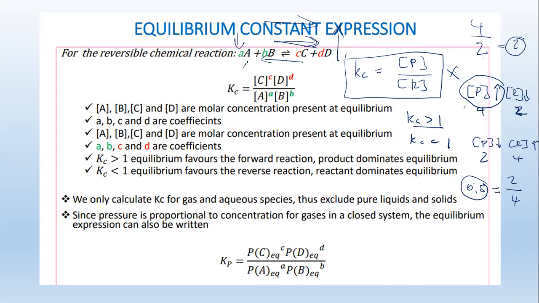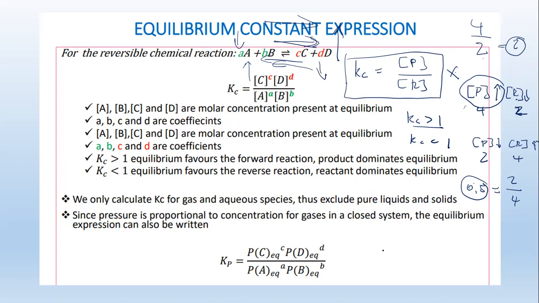But if the reactants are higher than the products, remember, equilibrium will always shift to the higher side, whereby we have high concentration of the reactants. Basically, this is how this works, but you will see when we do Le Chatelier's principle as we continue with the lesson, okay? All right.